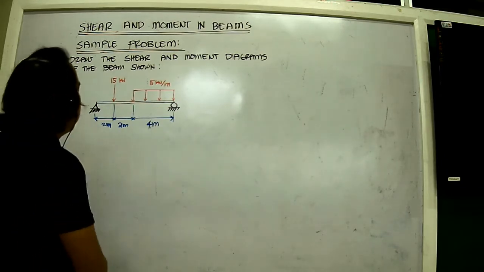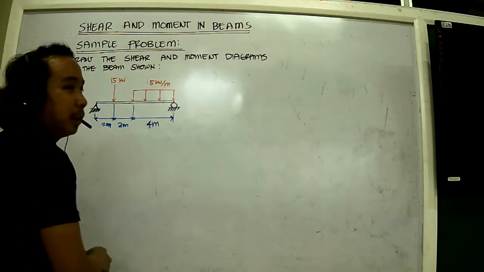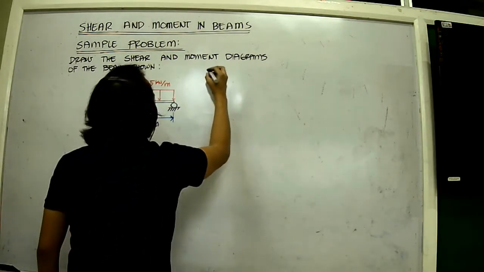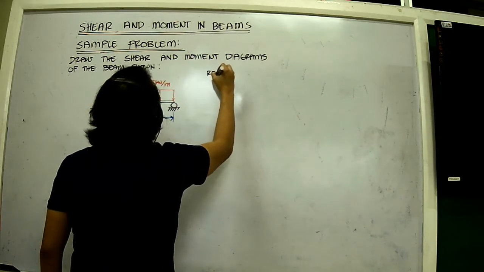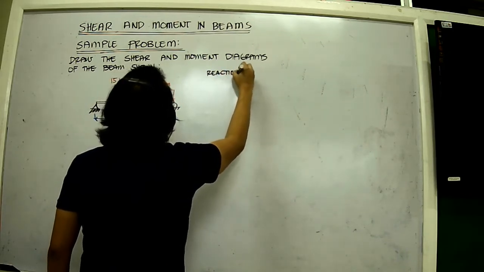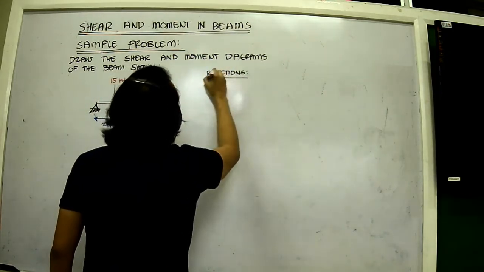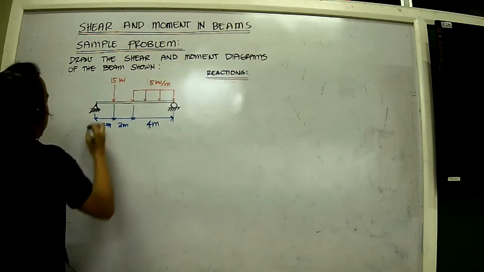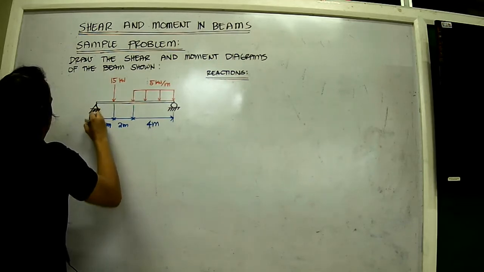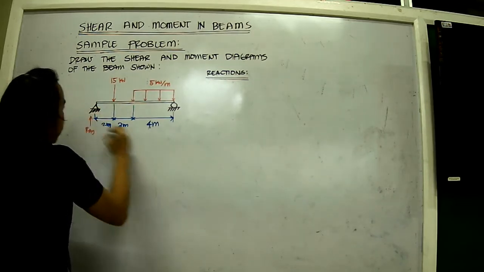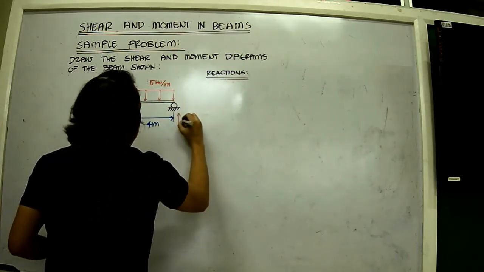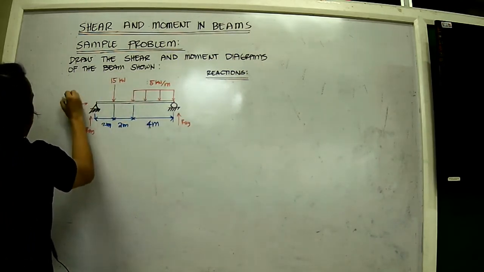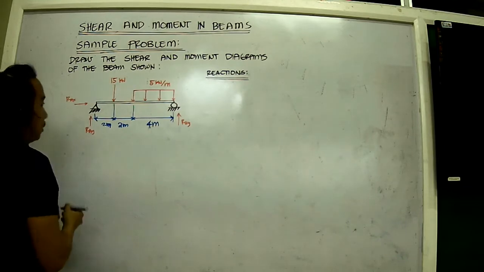First, I'll solve for the reactions. For this simple beam, let's say this is RAY, and this is RBY, and then RAX.